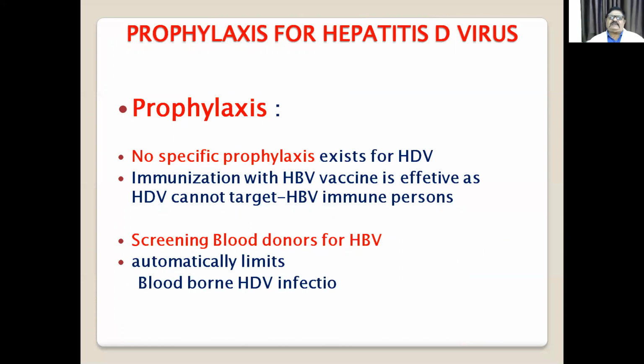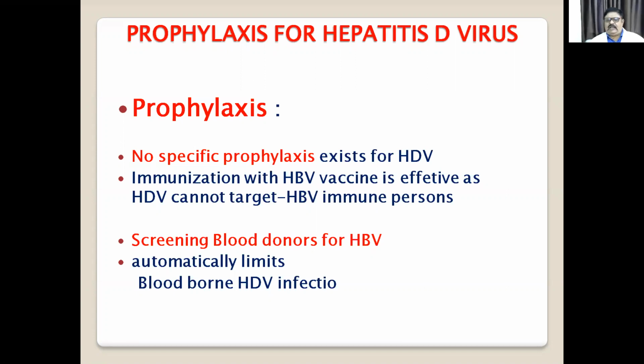What is the prophylaxis for hepatitis D virus? There is no specific prophylaxis for hepatitis D, because immunization with HBV vaccine is effective, as HDV cannot cause infection without HBV infection.